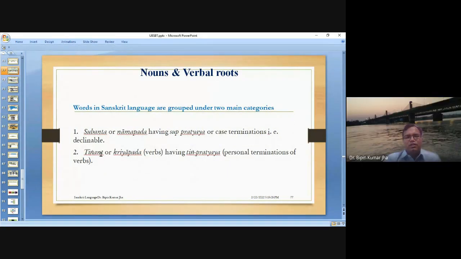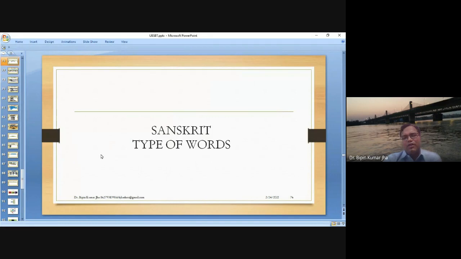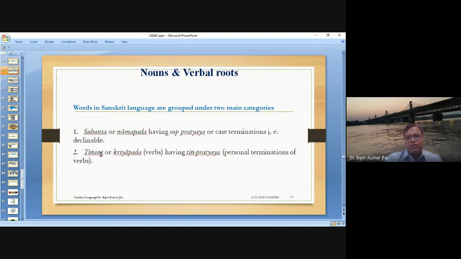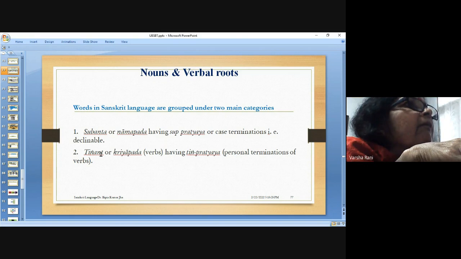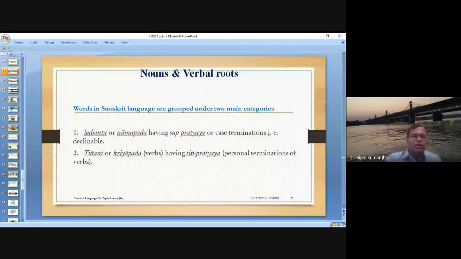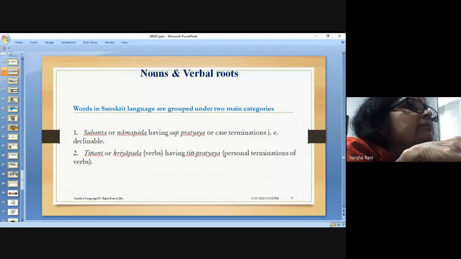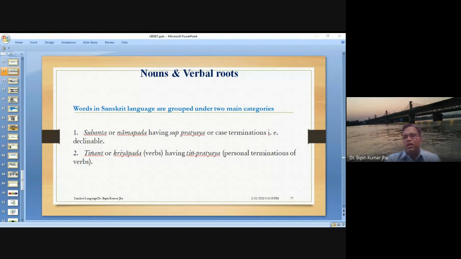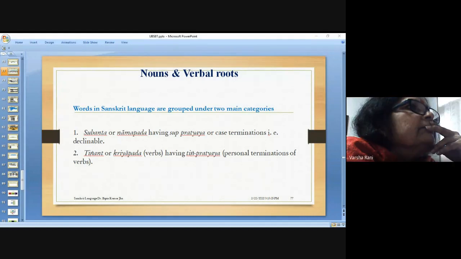You see, I have started with this slide, and the first one is concerned with naam, akhyat, upasarg, and nipat, because when we are talking about Sanskrit words, we can divide all words in four parts. That is Naam, Akhyat, Upasarg, and Nipat.